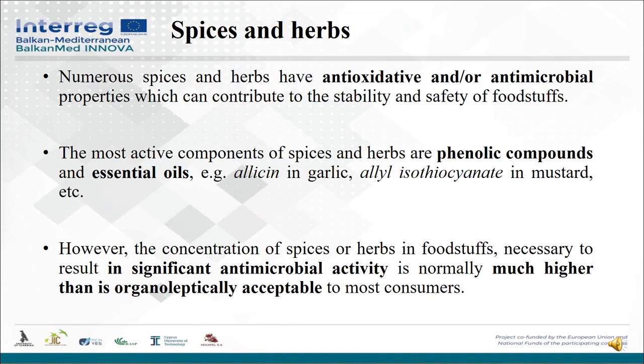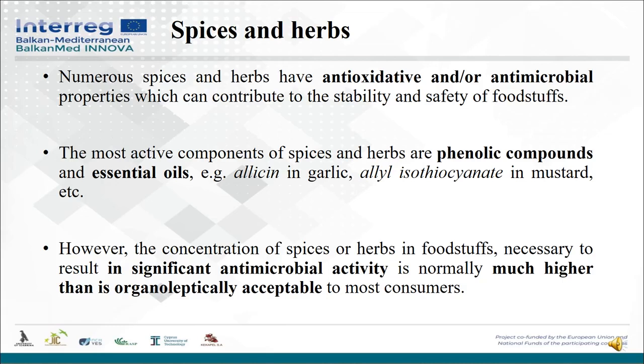As for the case of spices and herbs as hurdles, it can be said that there are numerous spices and herbs which have antioxidative and antimicrobial properties which can contribute to the stability and safety of the foodstuff. The most active components of spices and herbs are phenolic compounds and essential oils.